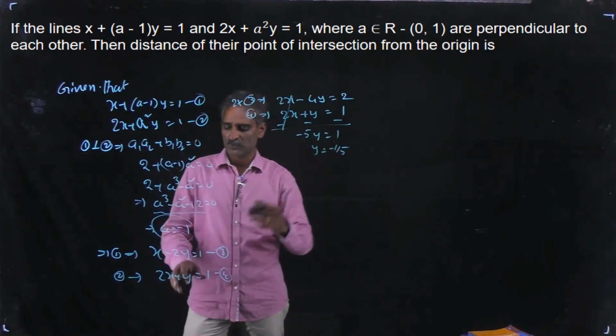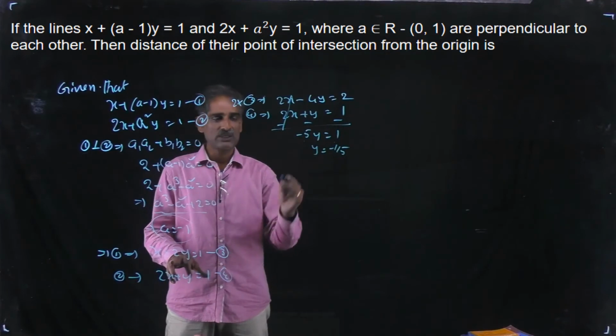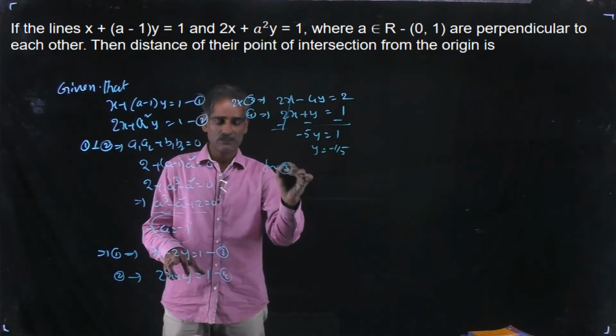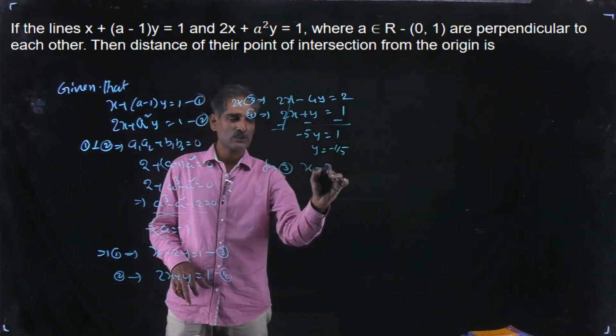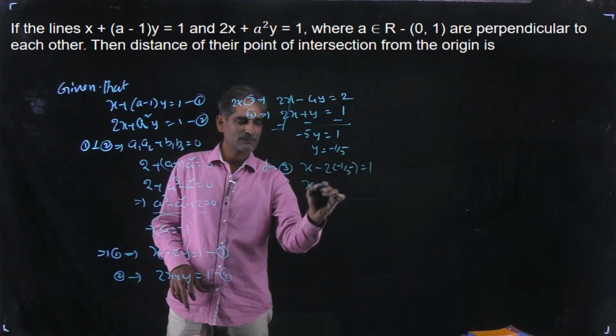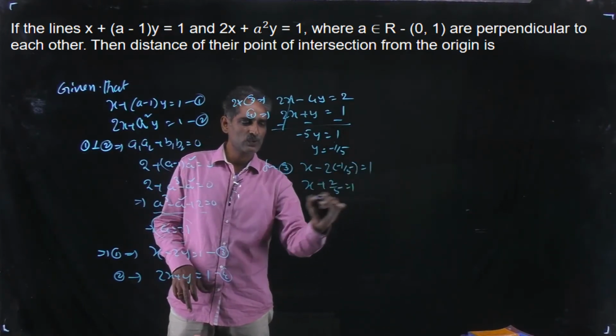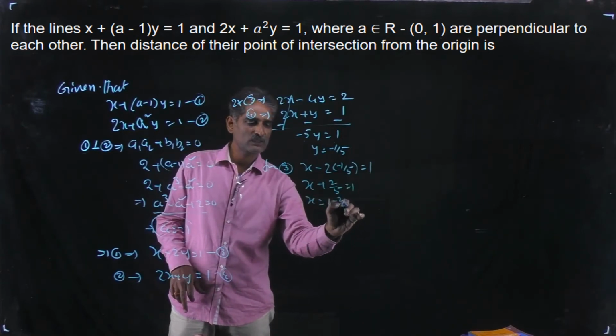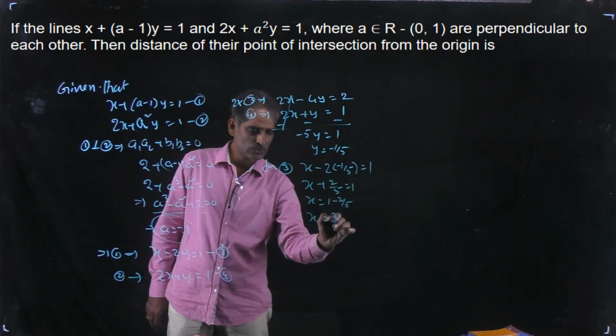Now substitute in equation 3. From 3, x minus 2 into (-1 by 5) is equal to 1, x plus 2 by 5 is equal to 1, x equals 1 minus 2 by 5, x equals 3 by 5.